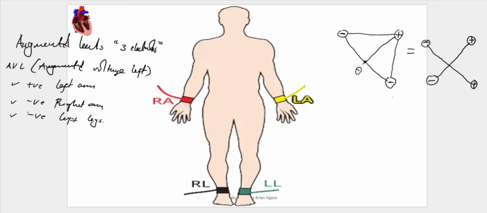So the real summary in terms of the augmented AVL, or the augmented voltage left, is how it will seem. That is the image we are given after placing the electrodes, but to get an electrical summary, this is what you have.